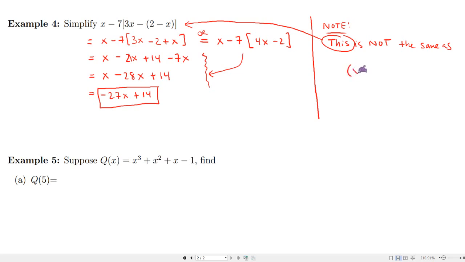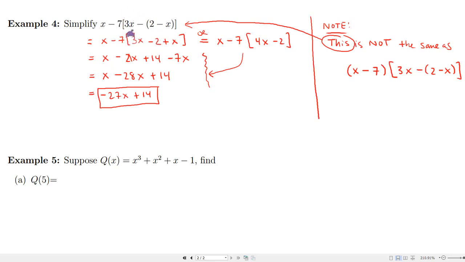So if I wrote x minus 7 in parentheses like this, I just want you to notice that when I write the x minus 7 in parentheses, we mean that that whole term would get distributed. Over here, you see that the x is by itself, and only this minus 7 gets distributed.